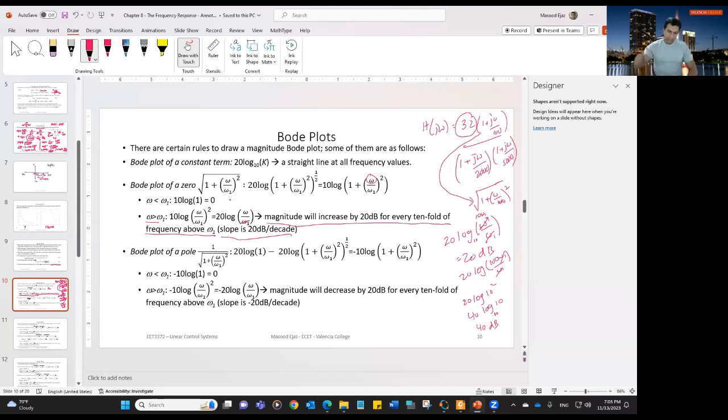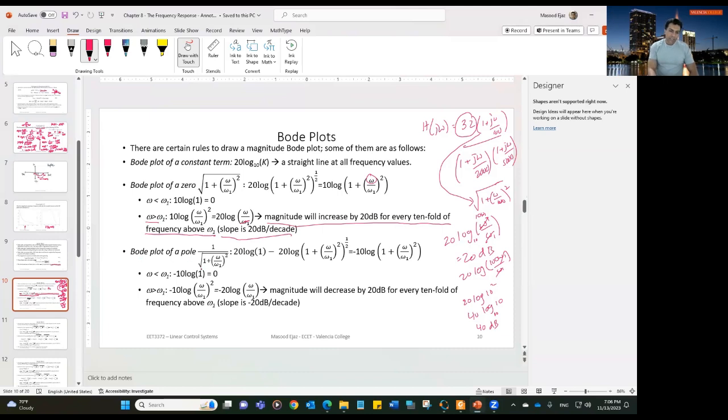Every decade, it's going to increase by 20 decibels. For example, for omega over 100, up to 100 it's 0. After 100 radians per second, at 1000 radians per second it will be 20 decibels, at 10,000 radians per second it's going to be 40 decibels, and at 100,000 radians per second it's going to be 60 decibels. So the line slope is 20 decibels per decade, increasing by 20 decibels every decade of frequency.